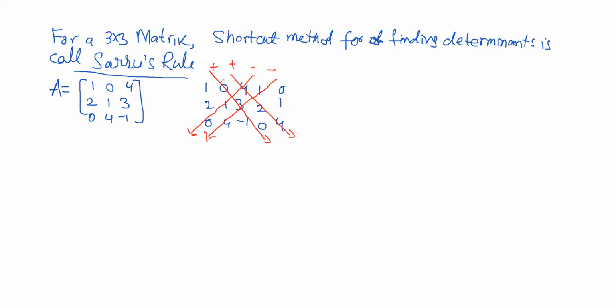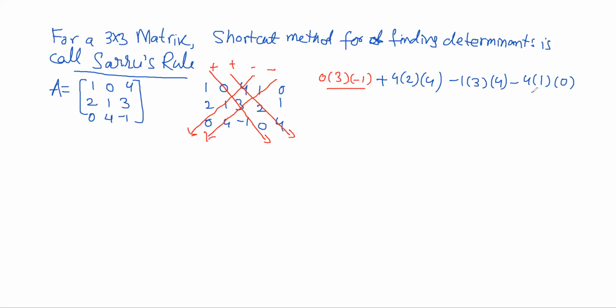So 0, 3, -1 will be multiplied out, which will obviously be 0. Then 4 times 2 times 4 plus another term, and that will be some value, and then minus 1, 3, 4, and minus 4, 1, 0.